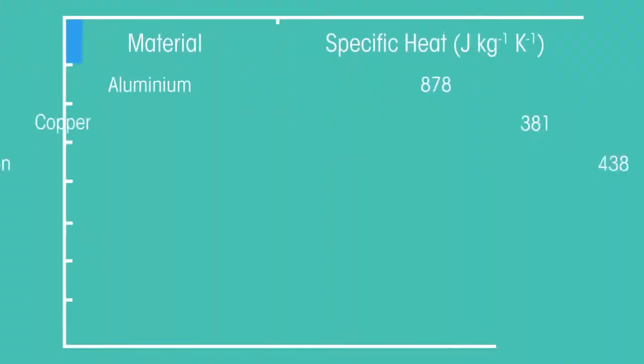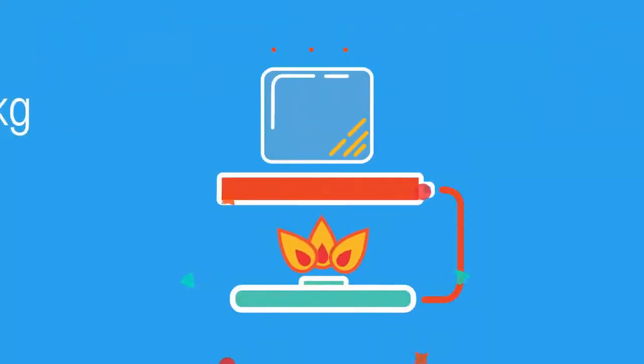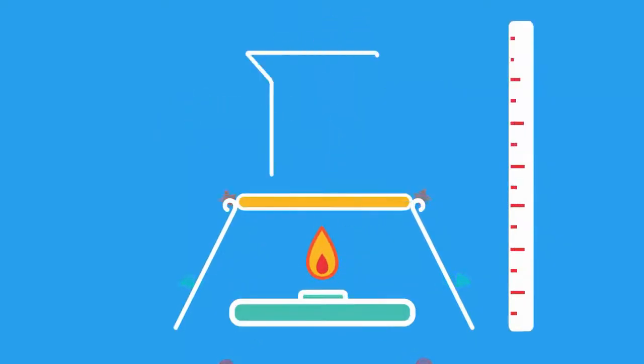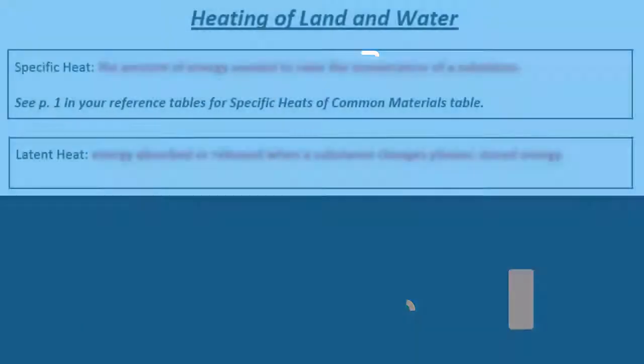Different materials have different known specific heat capacities. To summarize, specific heat capacity is the amount of energy needed to raise 1 kilogram of a substance by 1 degree Celsius. It's helpful because it allows us to work out how much energy we need to heat up or cool down a substance to a desired temperature.